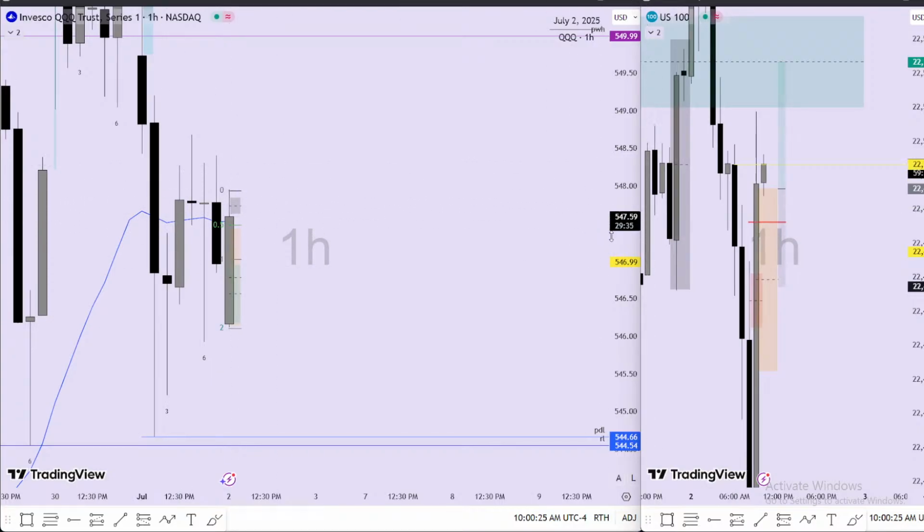We still have 30 minutes left to the hourly time frame on the regular trading hours. We are likely to close above the moving average.